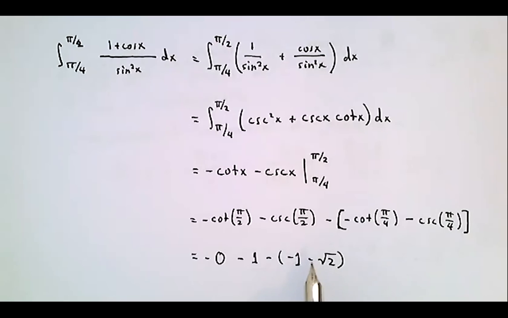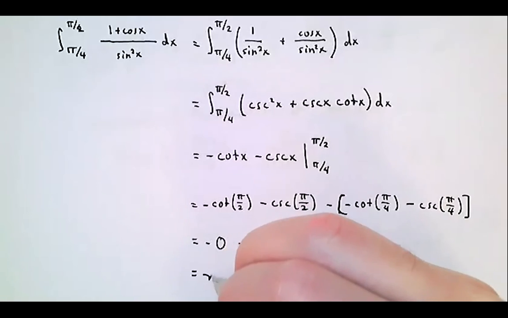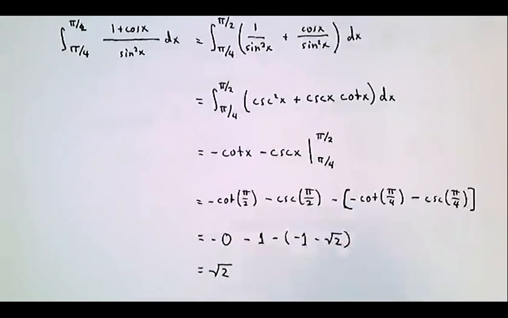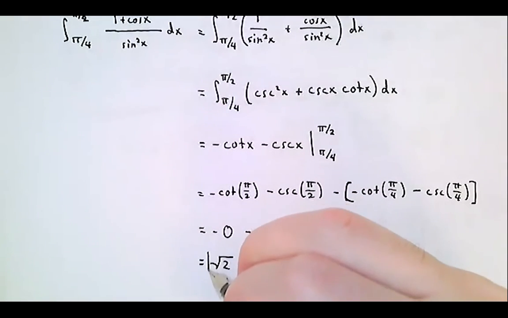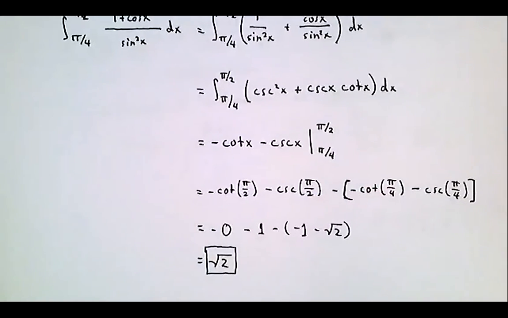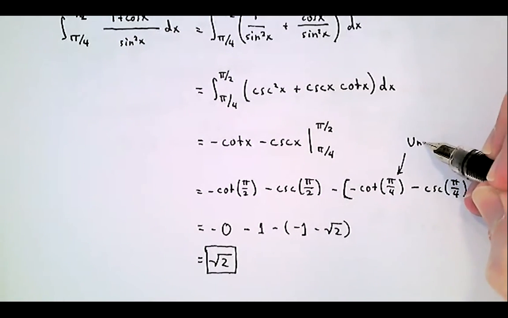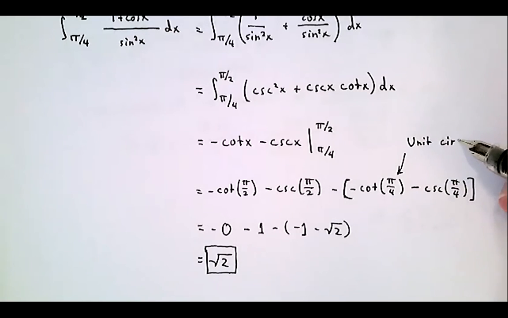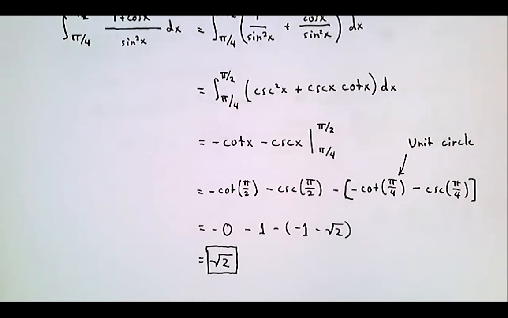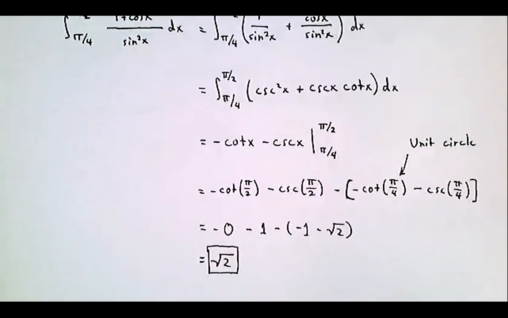The only thing left will be the minus the square root of 2. So that's our answer. So that's for the whole step here. You'll have to remember the unit circle.